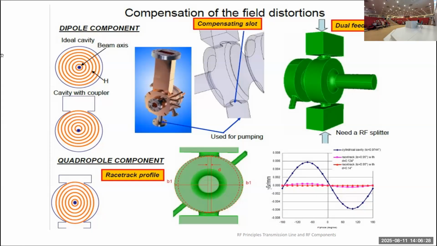When there is no RF coupled to the cavity, these are elliptical fields, almost not circular, but when RF is coupled, they are perfectly circular magnetic field lines all over the cavity.